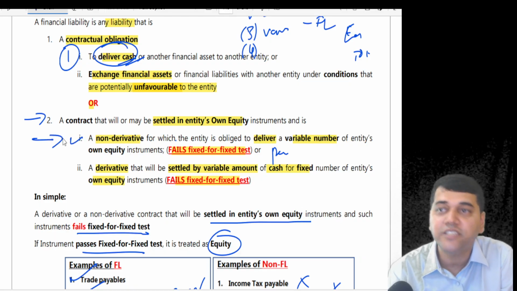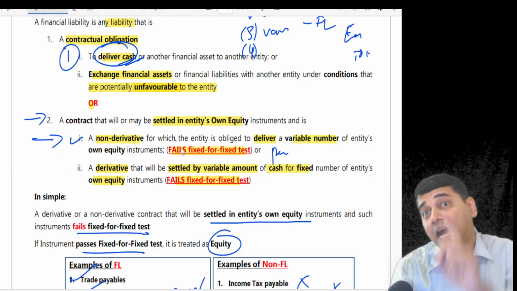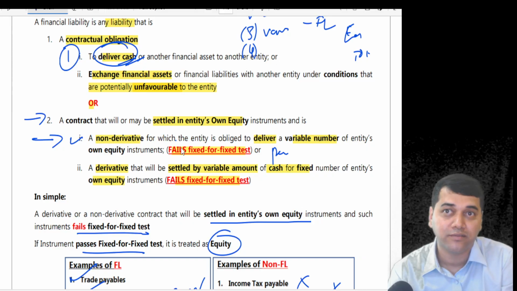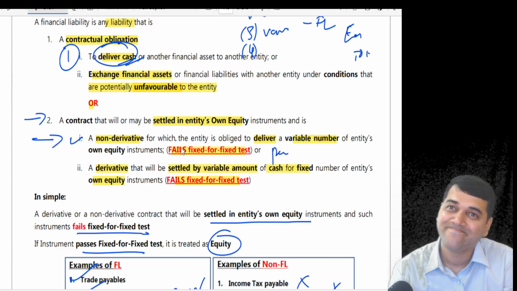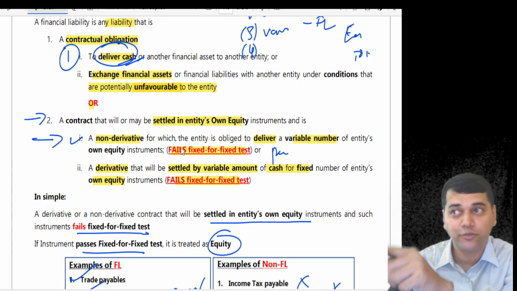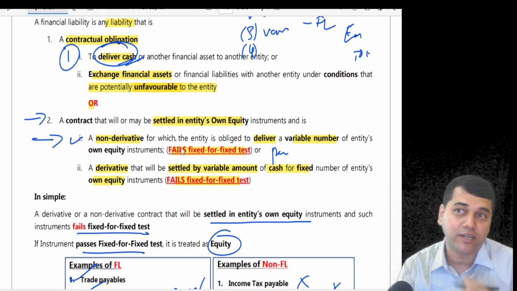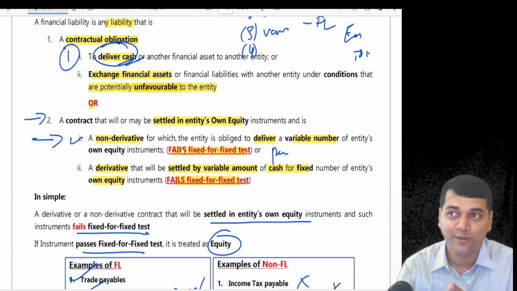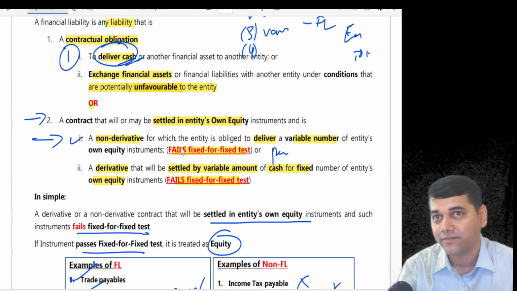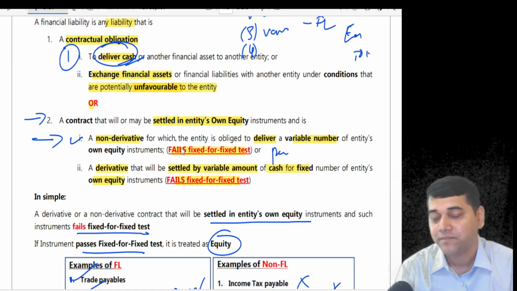That means it will fall under this definition. Now the question comes, when I redeem, am I going to issue a fixed number of shares or a variable number of shares? See, your question only led to this discussion. I hope students, every one of you are trying to get connected with what I am explaining here. You should ask me questions. This point I would not have explained to you unless you had asked me this question.